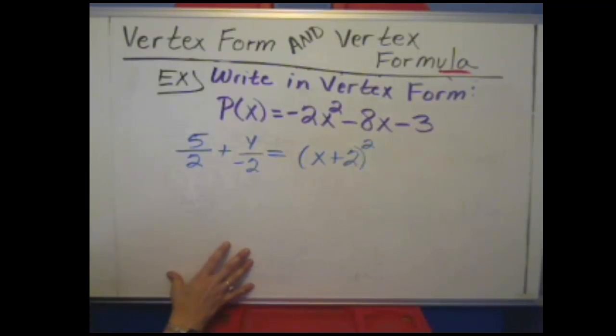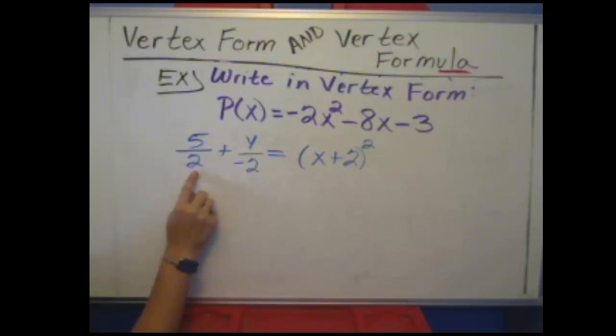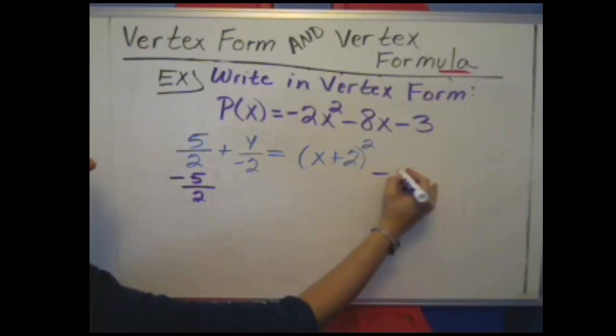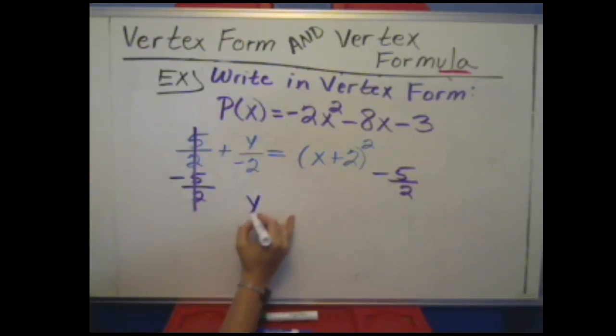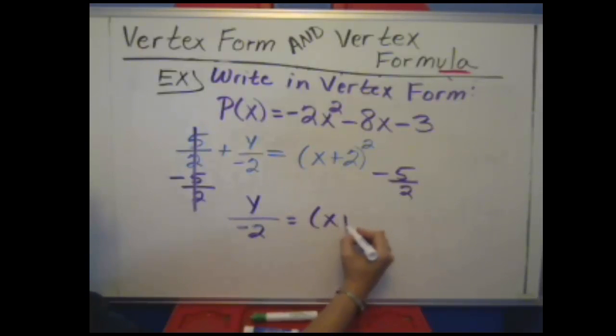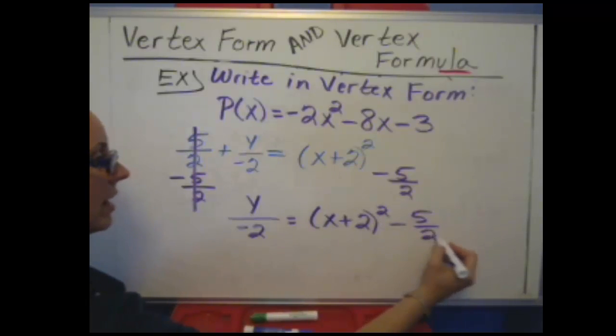Okay, so here's the equation. I've actually just pulled it up on the board. Also, please notice that the 5/2 on this is positive on our answer. So we will subtract 5/2 from both sides of the equation. Now we have y over -2 equals x plus 2 squared minus 5/2.